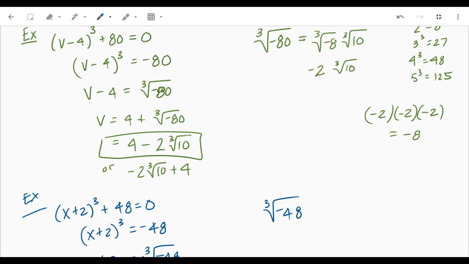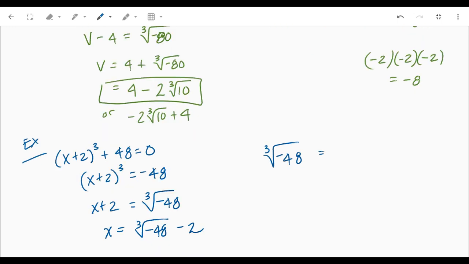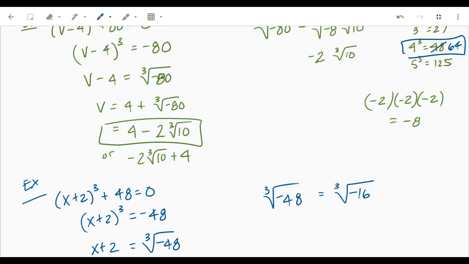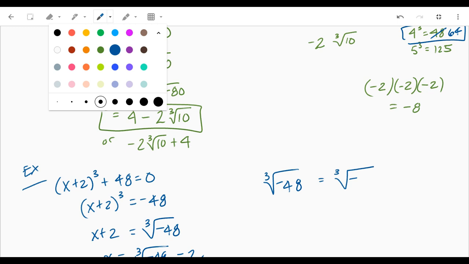Oh, you know what I did up here? That was stupid of me. I think I must have been thinking ahead. 4 cubed is 64. So I messed that up. Okay. But we can split this into the cube root of negative 16. No, 8. 16 is not a perfect cube. 8 is.